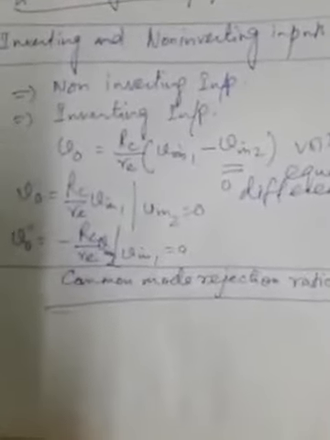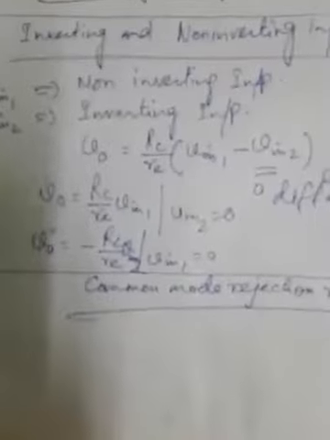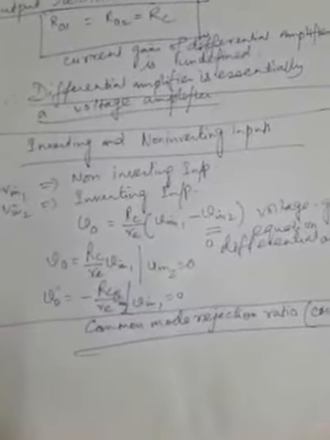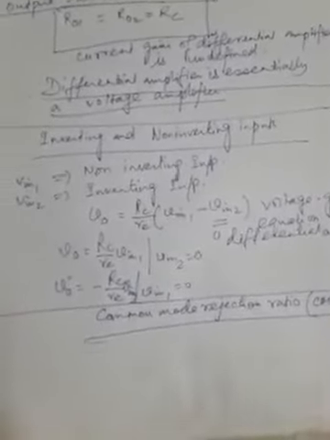But in practicality, the rejection of common signal, when this same noise or hum pickup is affecting both the inputs, which is termed the common disturbing signal, or in short the common signal, depends on the degree of matching between the two common emitter stages forming the differential amplifier.